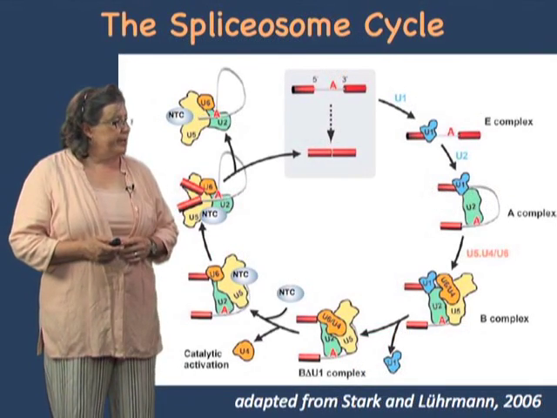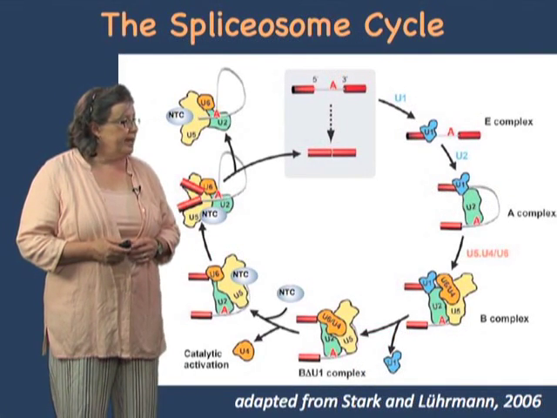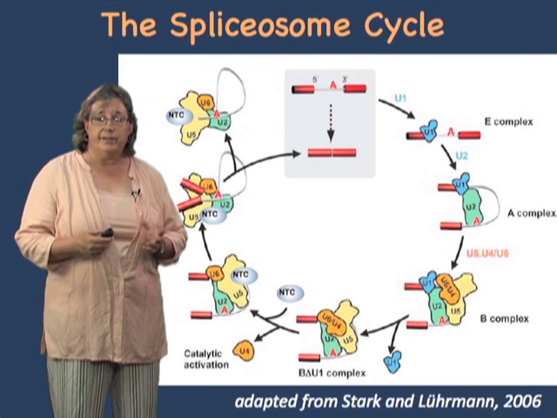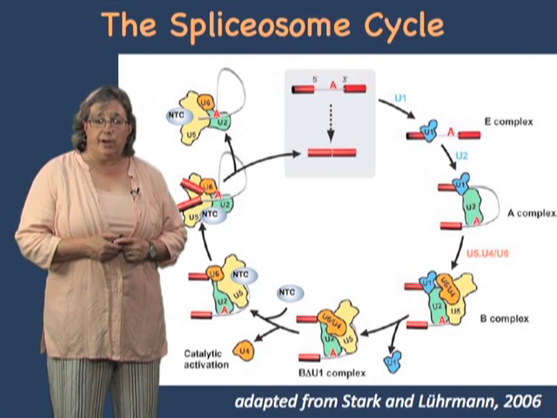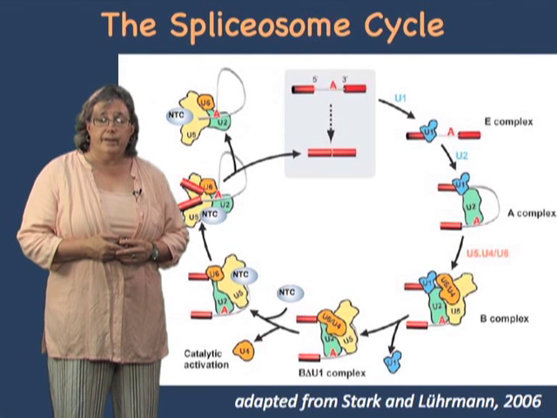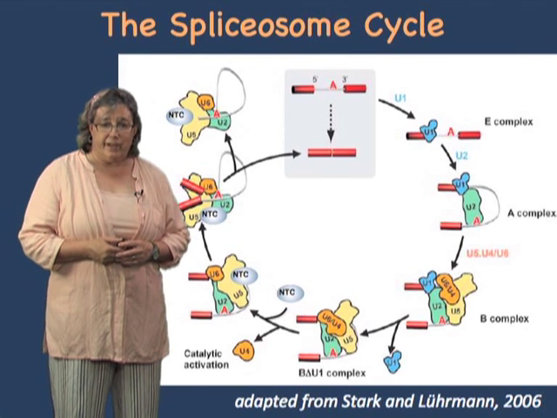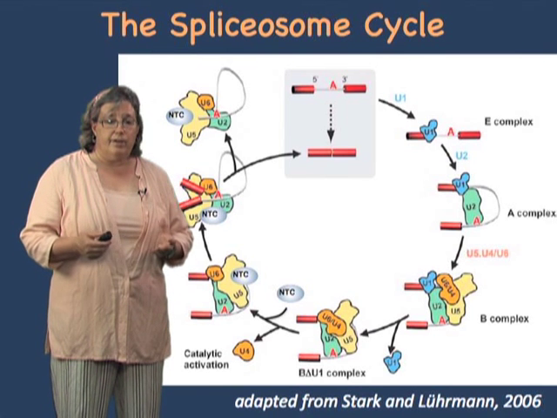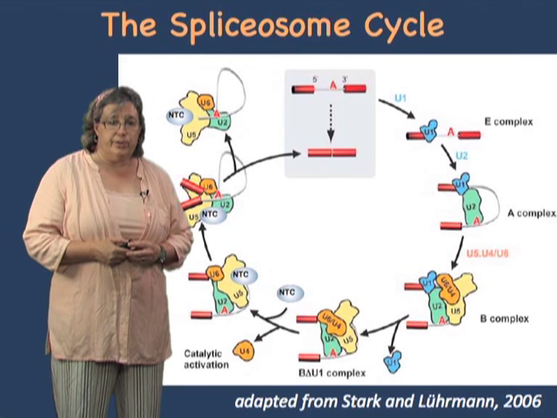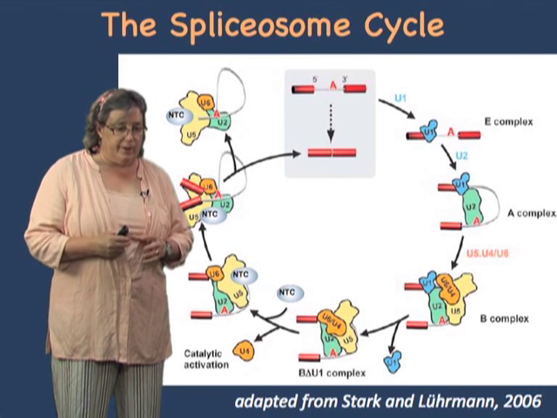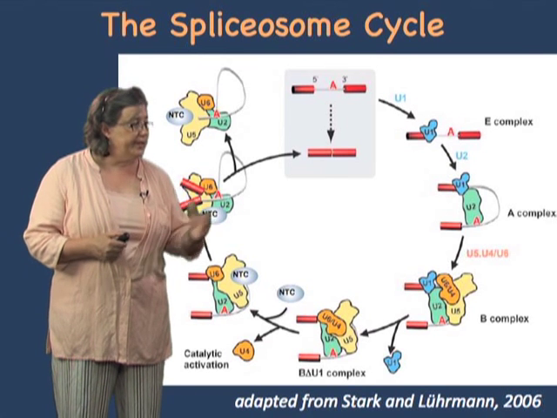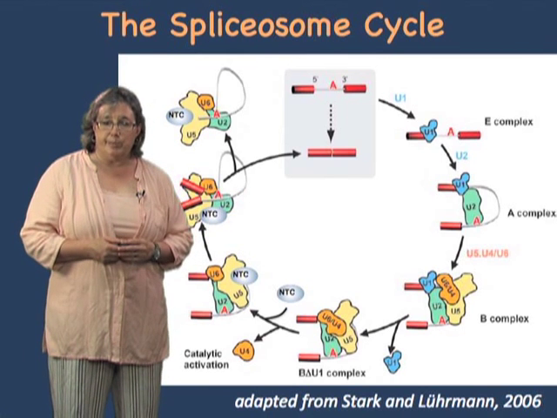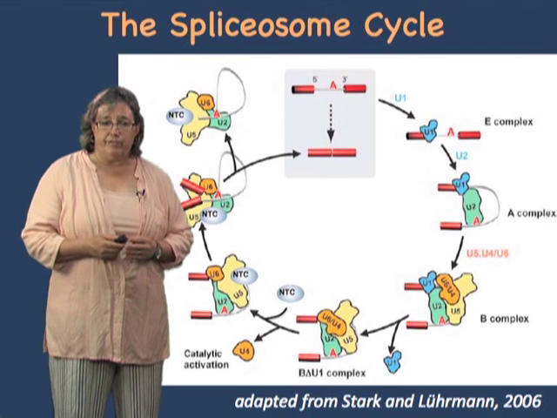The two steps of splicing are catalyzed by a large complex in the cell called the spliceosome. The spliceosome is arguably the most complicated macromolecular machine in the cell, as we'll see in a moment. The spliceosome consists of 4 major chunks, large subunits that need to come together with each round of splicing in this complicated dance called the spliceosome cycle that we'll talk about in a few slides.